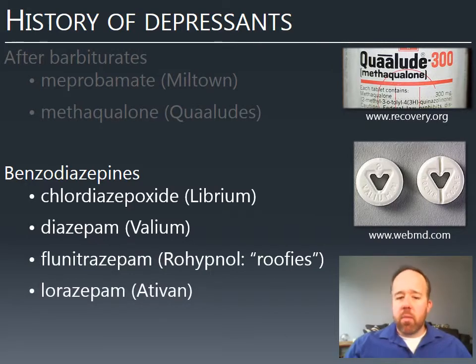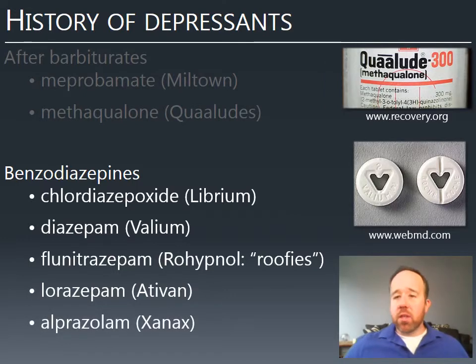You also have some like lorazepam, which is marketed as Ativan, and of course alprazolam, which is branded as Xanax. That's a very widely used anti-anxiety medication. It's also widely abused. But these are all benzodiazepines, and benzodiazepines are a chemical designation.